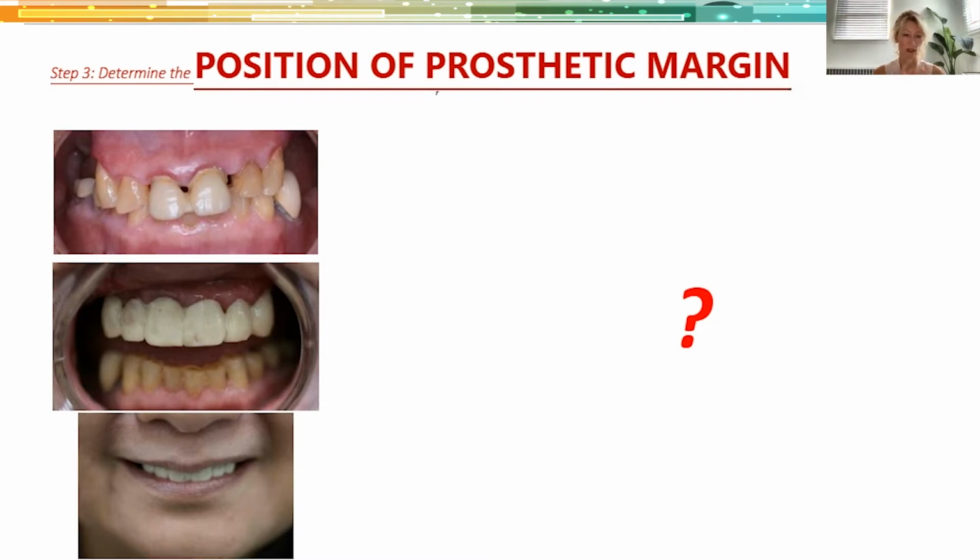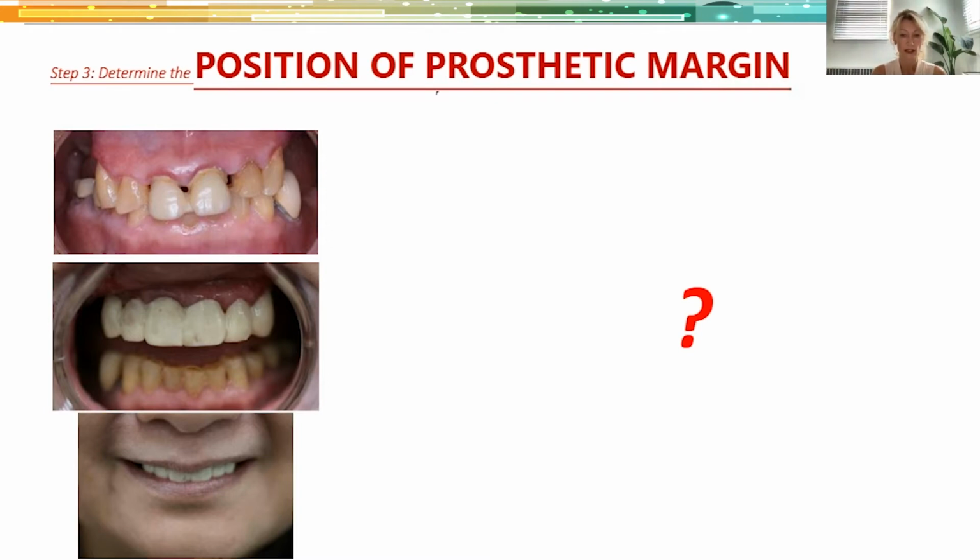The patient is confident and all of a sudden is smiling big. So at that point, we will be able to see how far that lip retracts during her most exaggerated smile and determine how far from that position we need to go deeper to hide that margin for a future restoration.